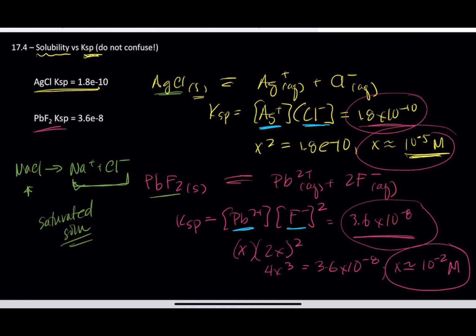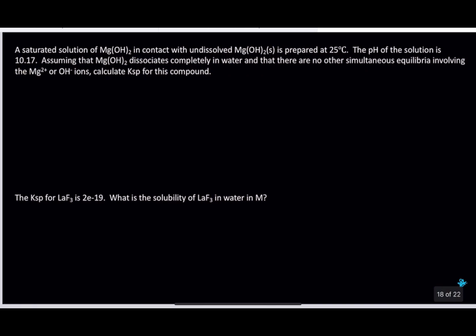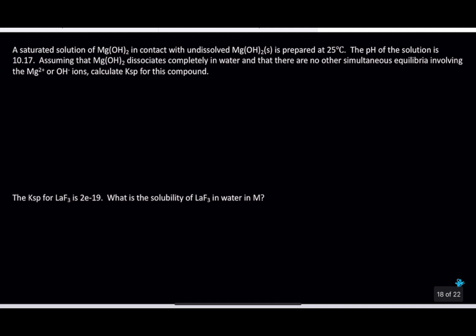Make sure you understand, again, how we come up with these X's here, because it is assumed that you could work that out on your own as needed. Now, practice problems. A saturated solution of magnesium hydroxide in contact with solid magnesium hydroxide. The whole point of saying that we have aqueous this and solid that is to tell you that this system is in equilibrium.